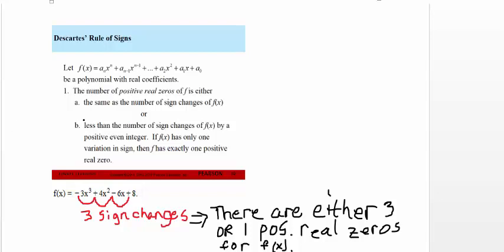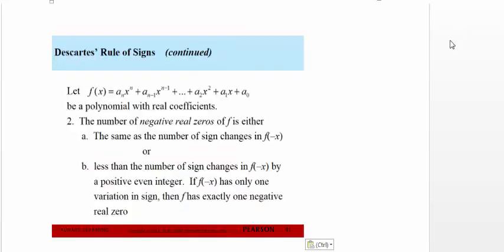Now let's look at the other half of Descartes's rule of signs, where we want to talk about the number of negative real zeros.